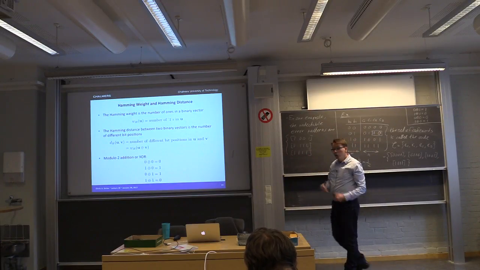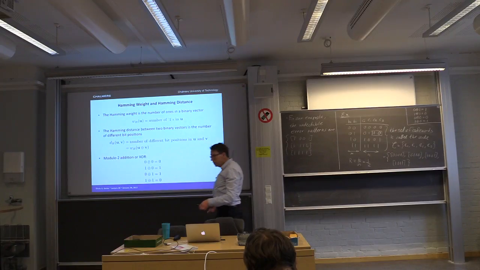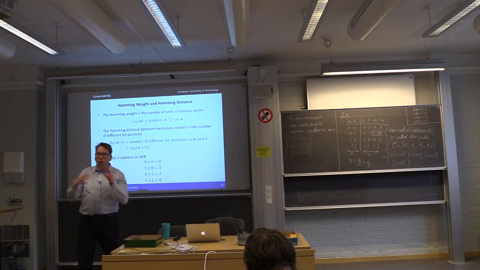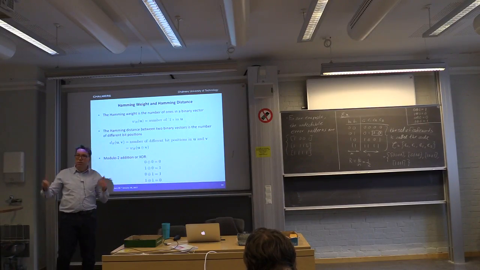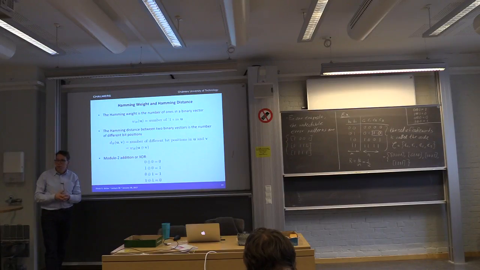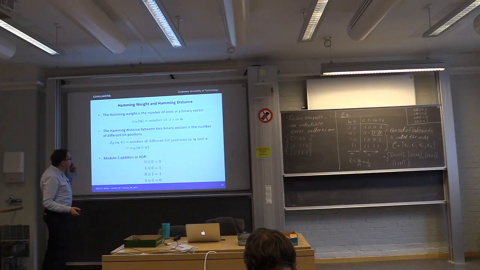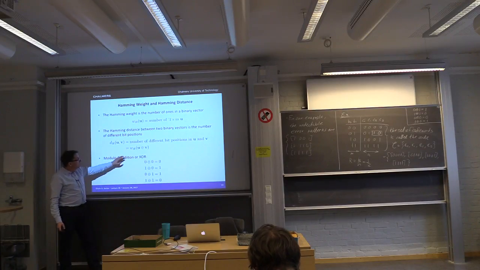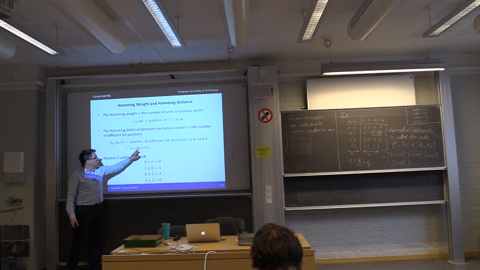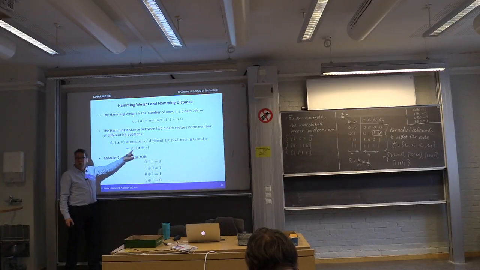So this Hamming distance is quite useful because now we can measure closeness between binary vectors in a very easy way. We just count the number of positions where they differ. And if you like, we can take the modulo 2 addition of u and v, and then count the number of ones in that addition.